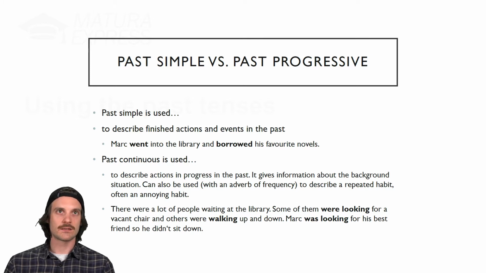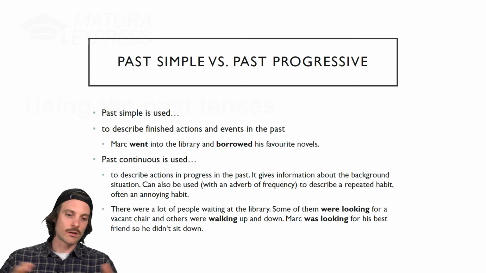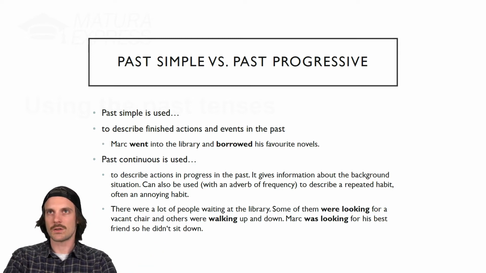Whereas the past continuous is also used, of course, in the past, but as with the present continuous, you can basically remember that you can use it as a background action.